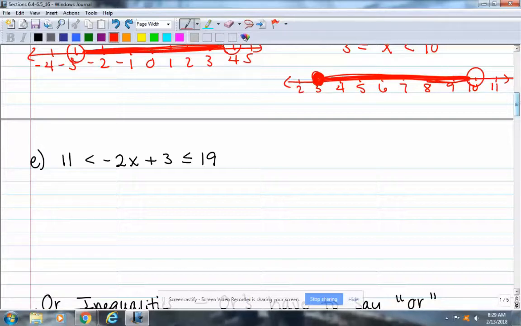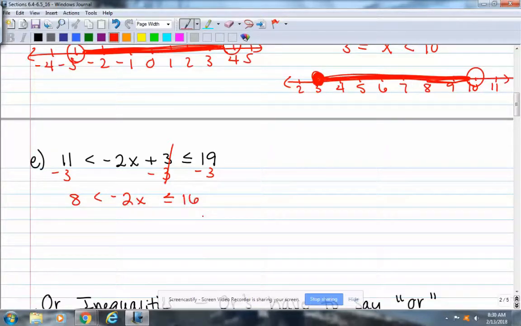What are we going to do first? Subtract 3. Very good. So what is 11 minus 3? 8 is less than negative 2x, less than or equal to, what's 19 minus 3? 16.